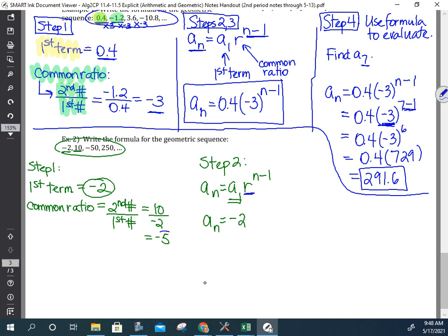R is your common ratio. The other two parts don't get touched. And then there's nothing to simplify here. So steps 2 and 3 are the same step. This is your final answer. So that's your formula.